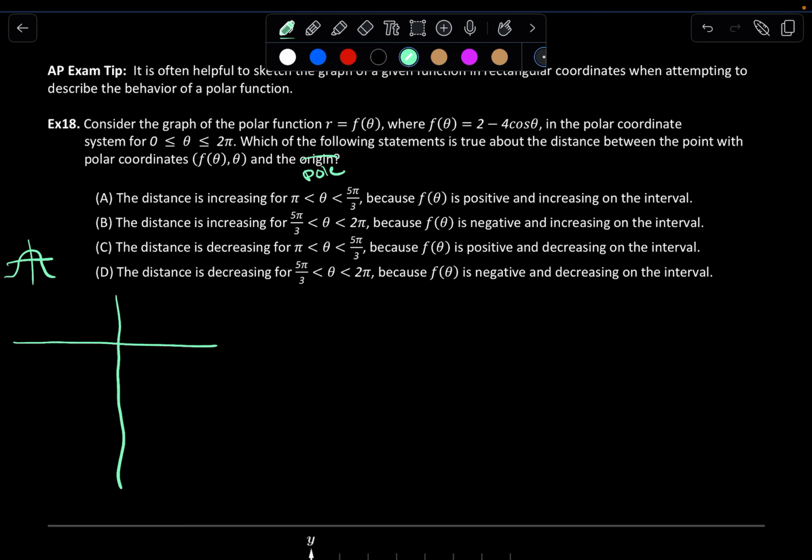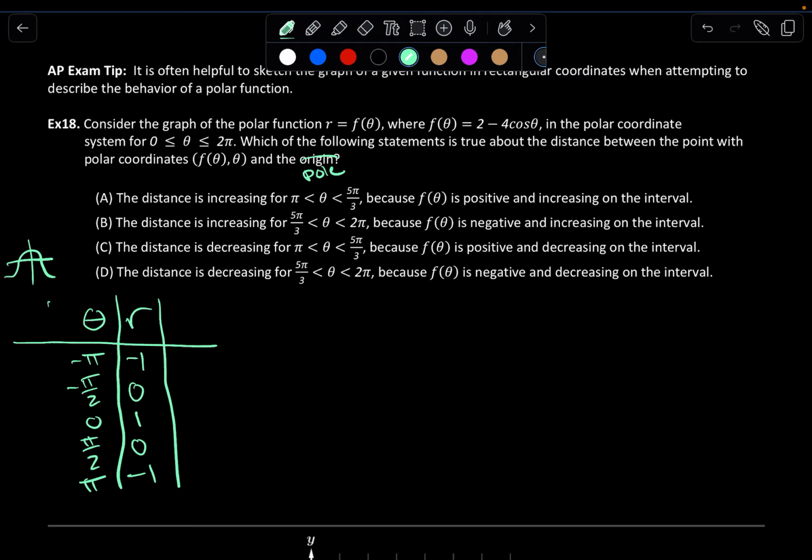So we had our, we'll call it theta, and then we have our outputs, which will be f of theta. Or we'll call it r, how about that? We'll call it r. So our parent function, we went from negative pi over 2, 0, pi over 2, pi. And for cosine, we went from negative 1, 0, positive 1, 0, negative 1.